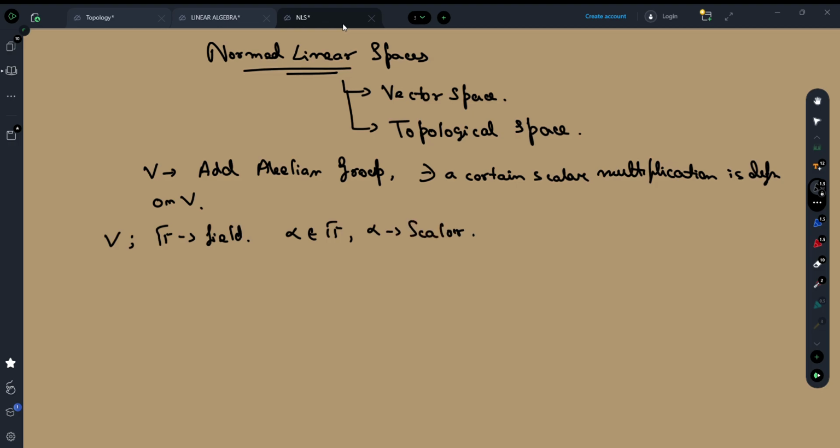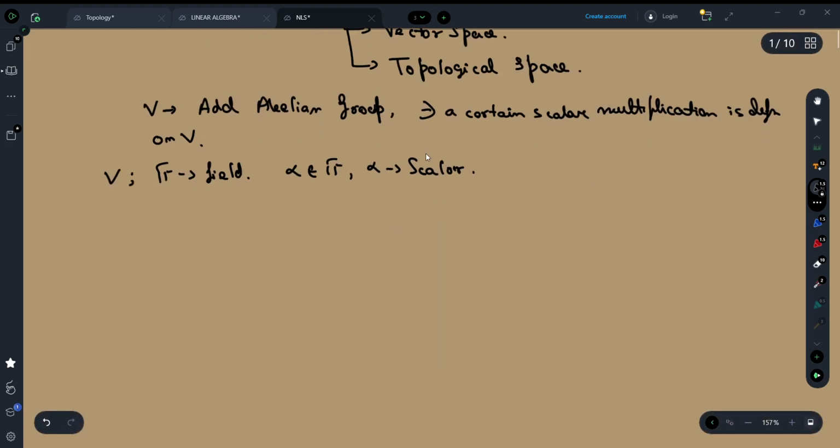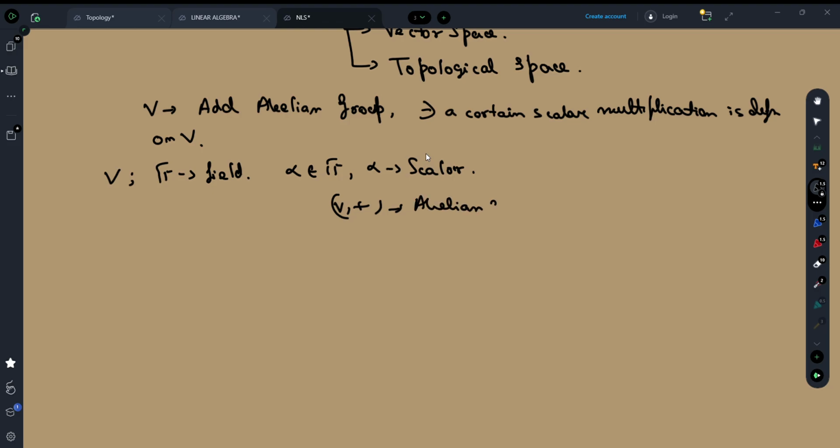So V is an additive abelian group, as I just said, and for all scalars alpha, that is elements from the field, and for all vectors V, elements from this space V are called vectors.